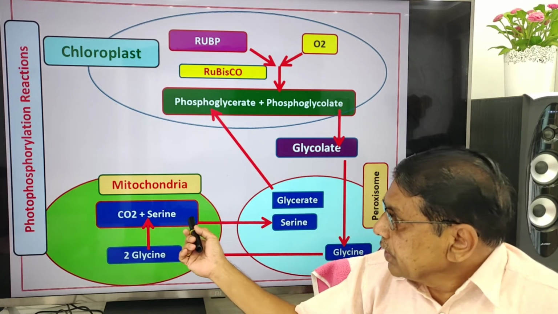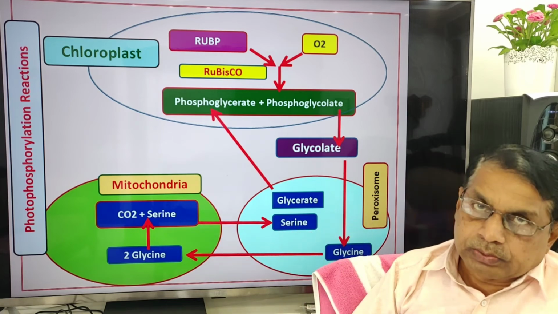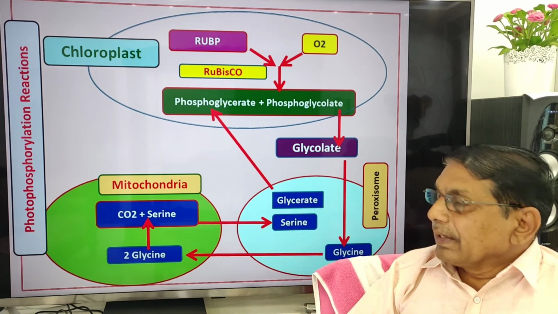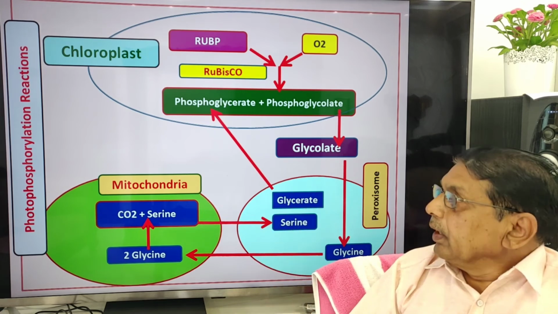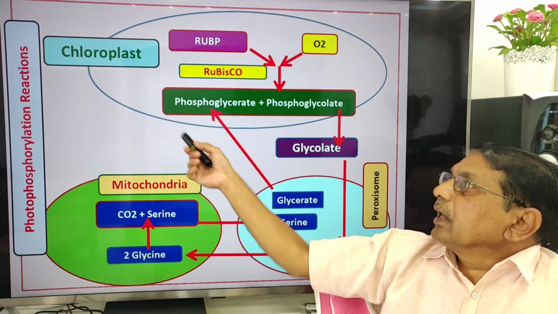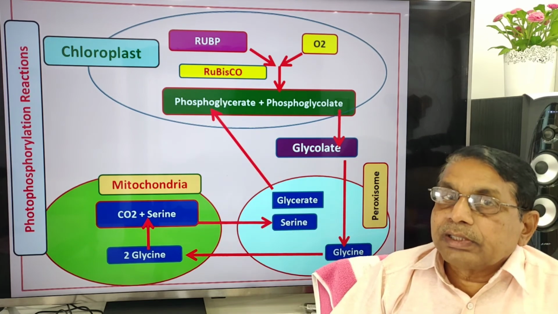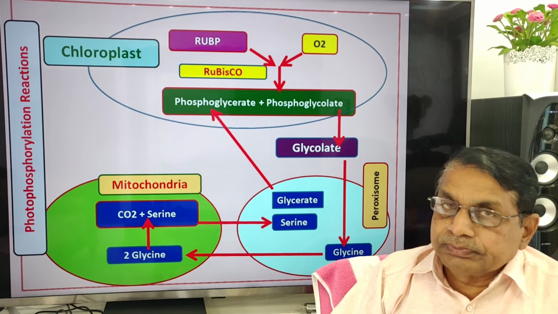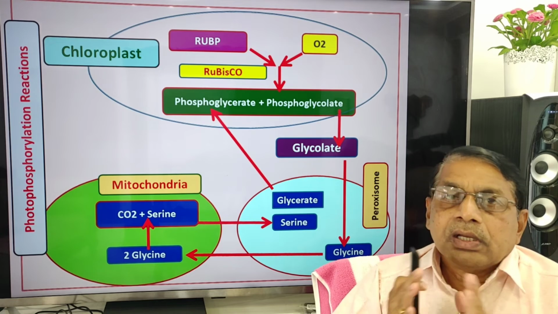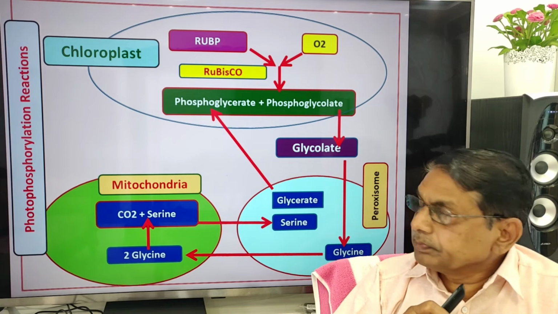This serine comes back to the peroxisomes, where it is converted to glycerate, and this glycerate may be utilized for the Calvin cycle. As you know, in the Calvin cycle the first stable compound is phosphoglyceric acid, or phosphoglycerate. So there is a provision for regeneration of phosphoglycerate, not wasting the materials.